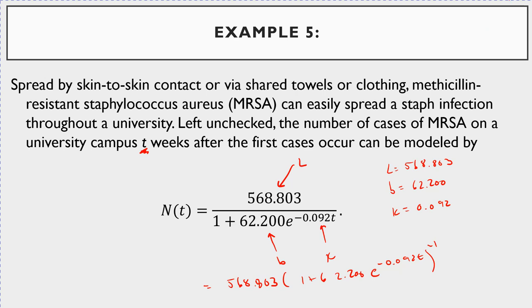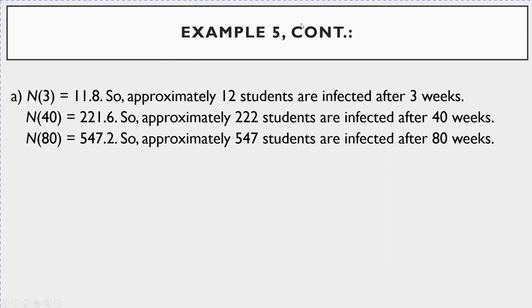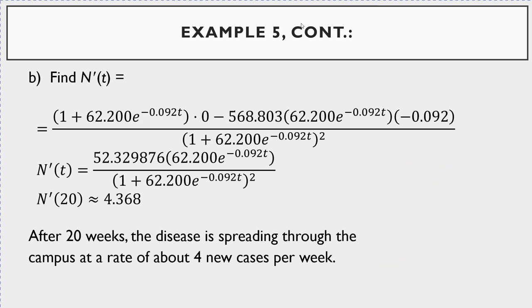It doesn't matter, you'll get the same answer. So I set it up using the quotient rule, and I'm not going to break down every step for you here, but I encourage you to follow along on your own, look at what this comes out to be, and see if you can get the same thing.